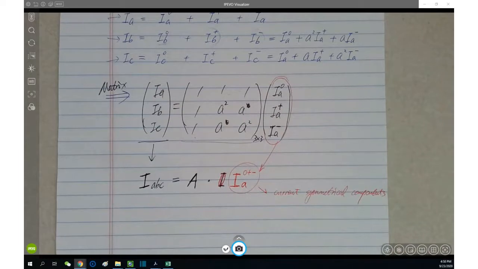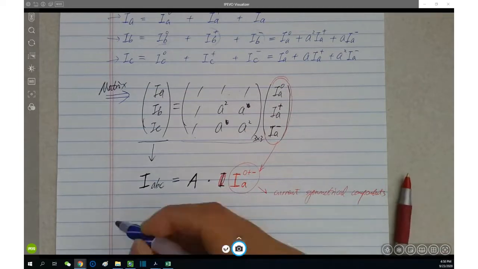Call it symmetrical components. It's not something very difficult, but new. Just a new concept.